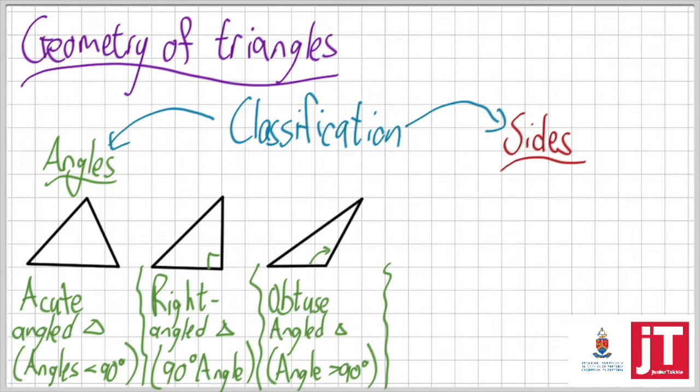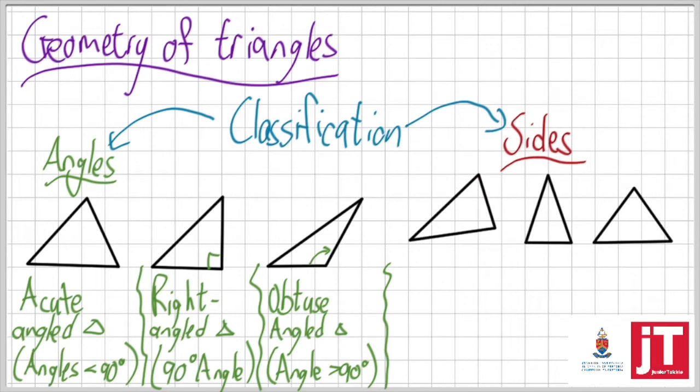Then we look at the sides. When we look at the sides, we also have three basic types of triangles depending on the length of the sides. The first one is a scalene triangle, which basically means all three sides have different lengths. Not really much importance for us.